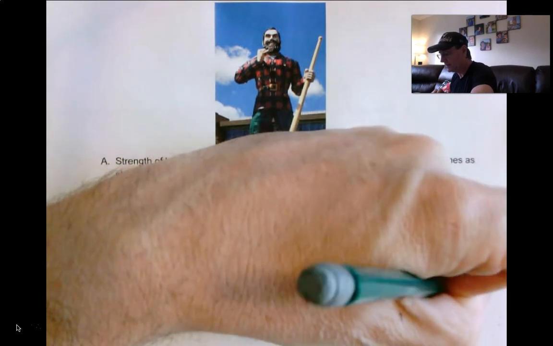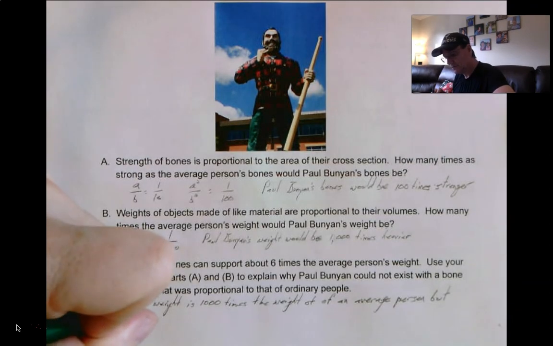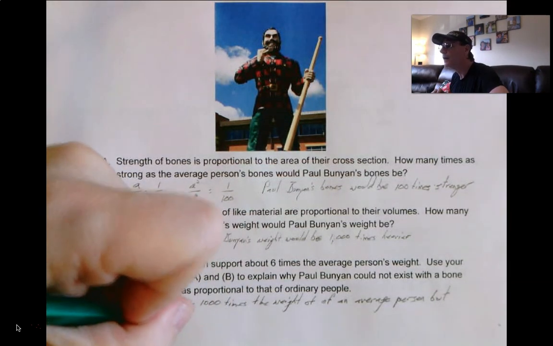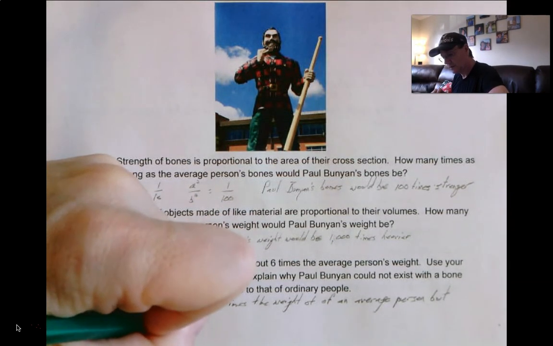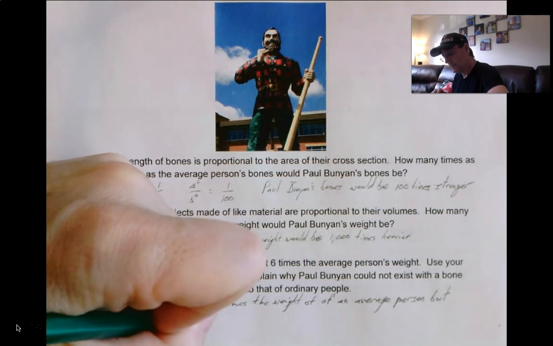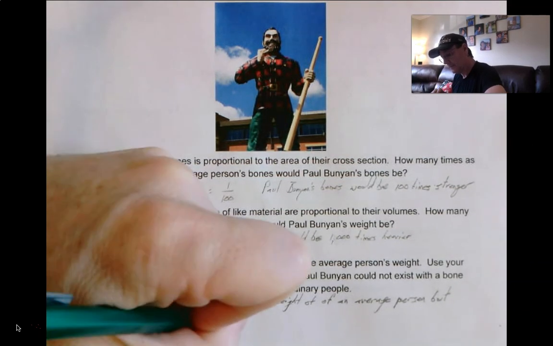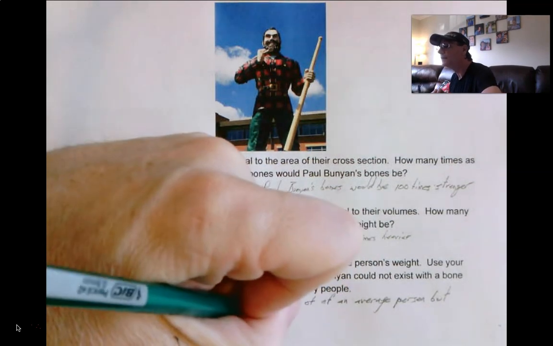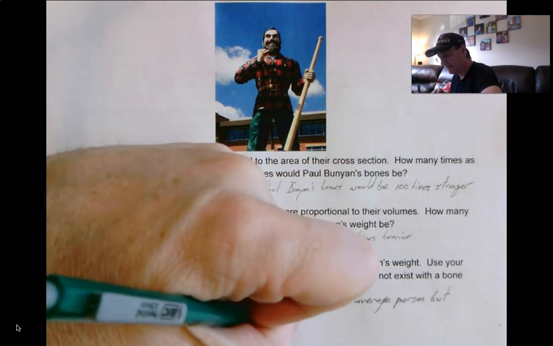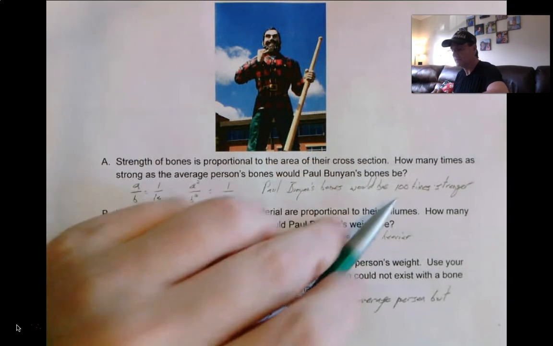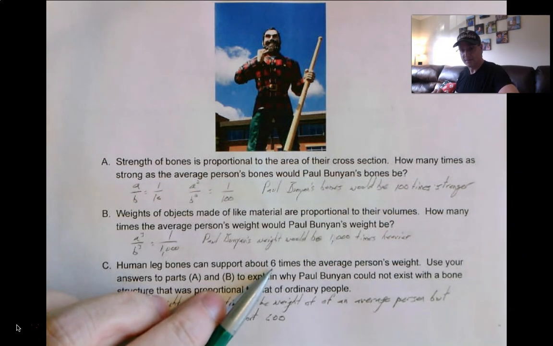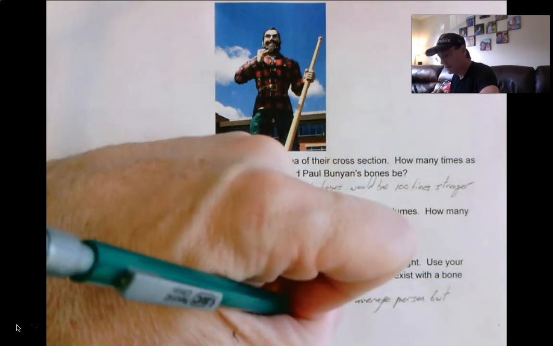But his bones can only support 600 times the weight. Right? 6 times that. He's 1,000 times heavier, but his bones can only lift 6 times their weight, 600 times the weight.